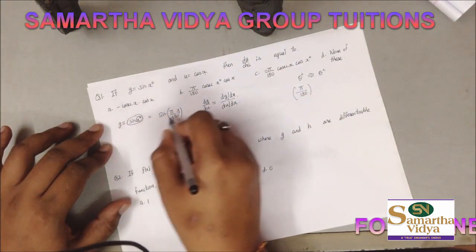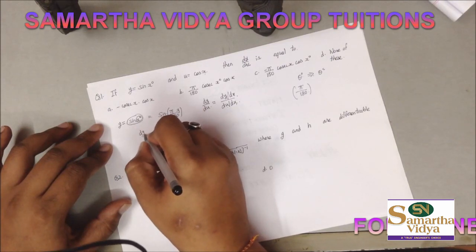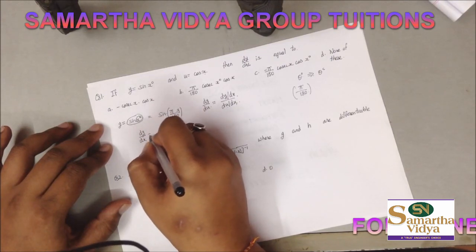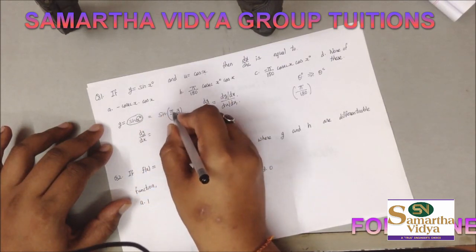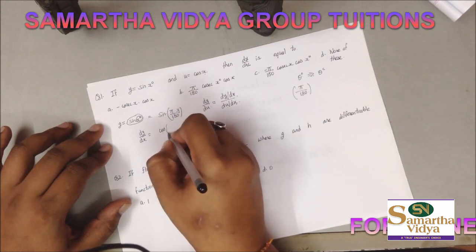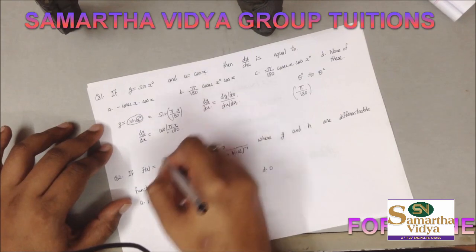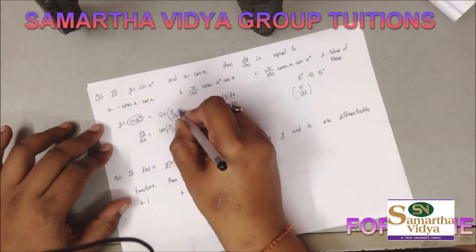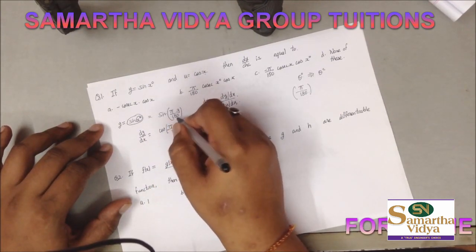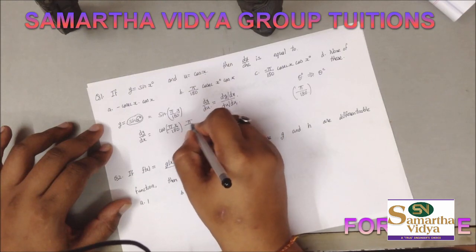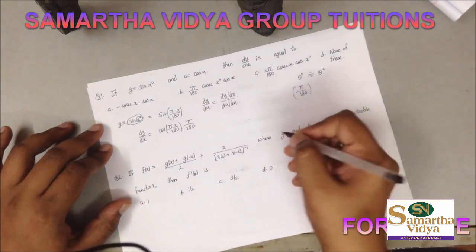Now taking the derivative of y with respect to x, the derivative of sin is cos, so that becomes cos(pi x upon 180), and since x is multiplied by pi by 180, I'll have the pi by 180 also outside.